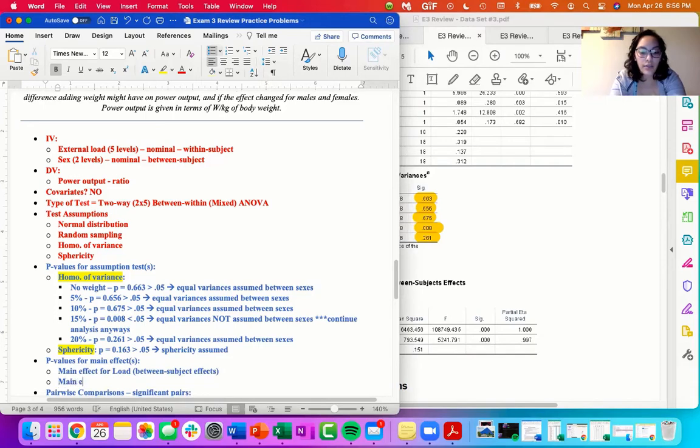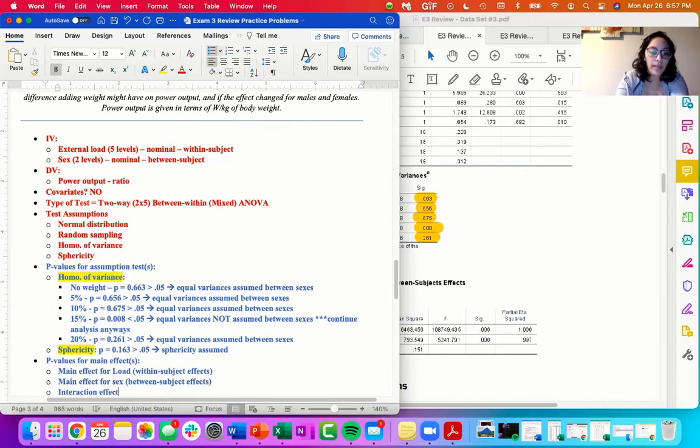We're going to have a main effect for sex or gender. Oh, wait, just kidding. Messed that up. The load was a within subject effect, so that'll be under the sphericity table. Main effects are going to be under our between subject effects table. And then we also have an interaction effect to look at.